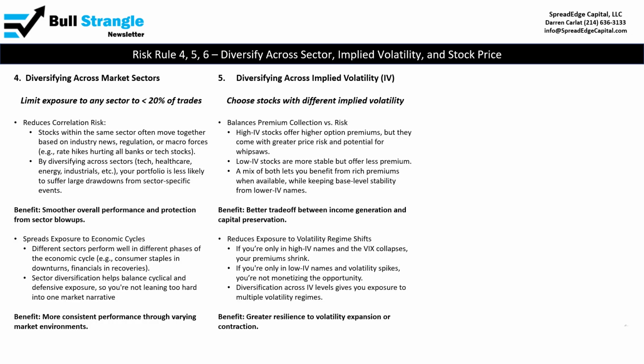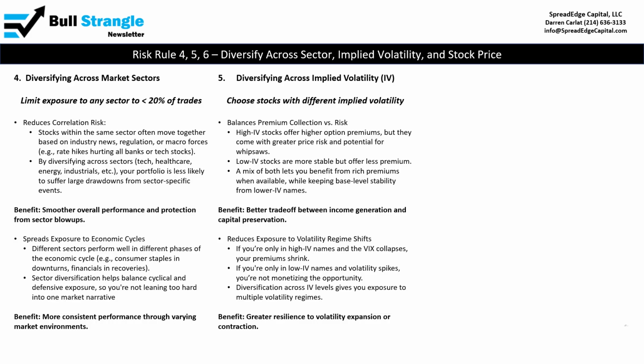As for risk rule 5, which is diversifying across implied volatility, the rule is to choose stocks with different implied volatility. This balances premium collection versus risk. High IV stocks offer higher option premiums, but they come with greater risk and potential for whipsaws.